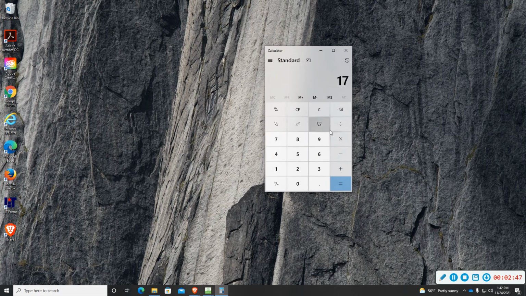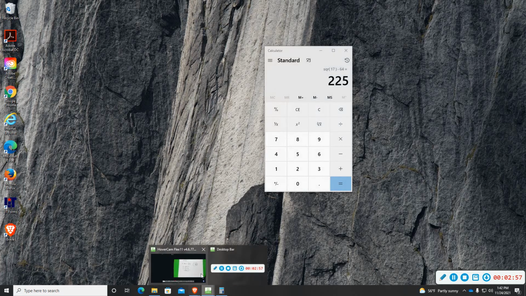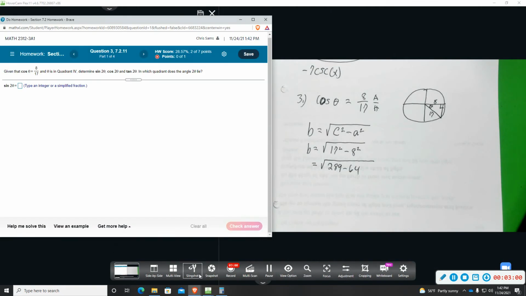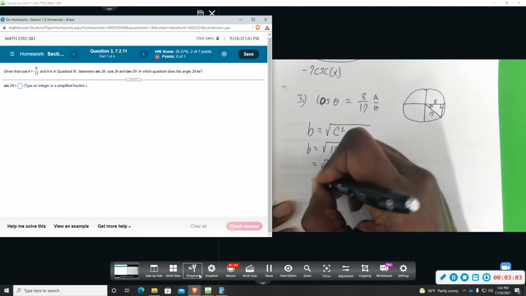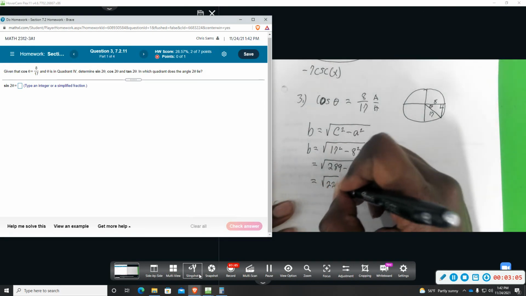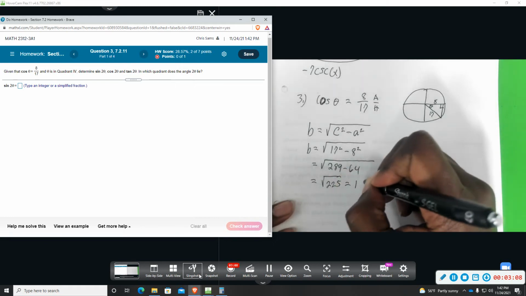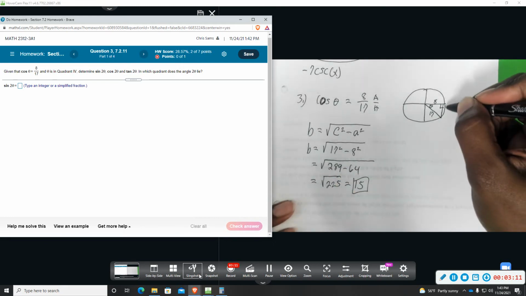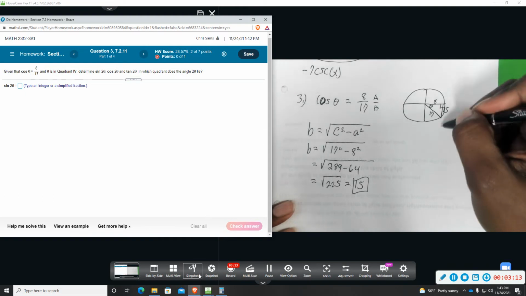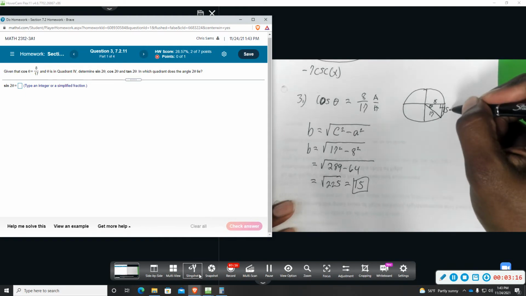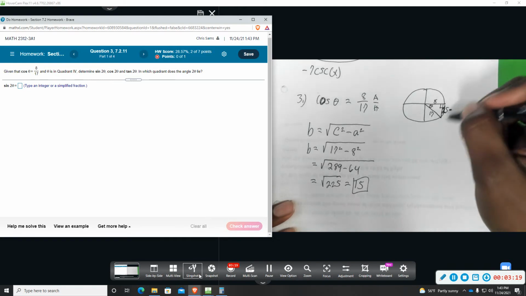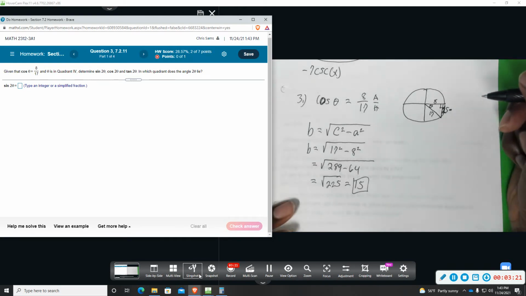This is 17 squared, 289, and subtract 64. It is 225. So this will give us the square root of 225, which will give us 15. So this measurement is 15. And since it's going down from quadrant 4, it's going to be a negative 15.